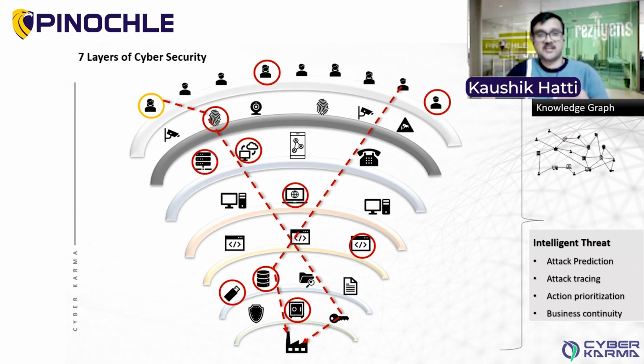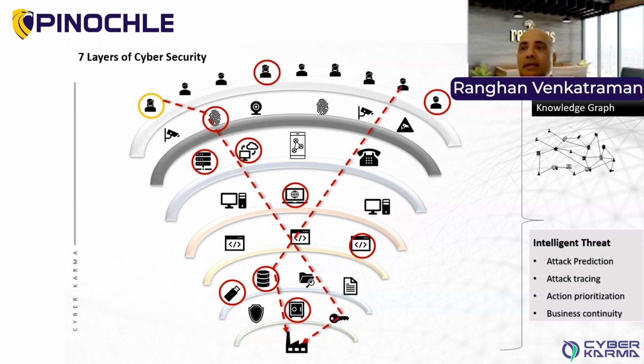What is the cyber kill chain that a potential hacker is likely to take, and what is the path? If you ensure that the path is taken care of first, then you drastically reduce the risk associated with the cybersecurity posture of your organization. So we are doing a bunch of things. It can provide a lot of things. I will let Rangan speak about the threat intelligence and attack prediction and so on and so forth.